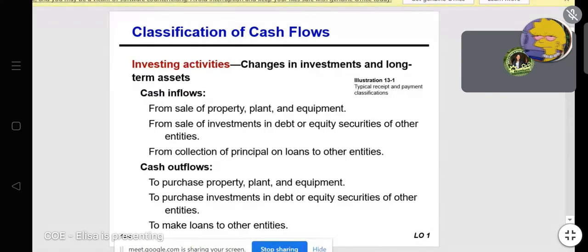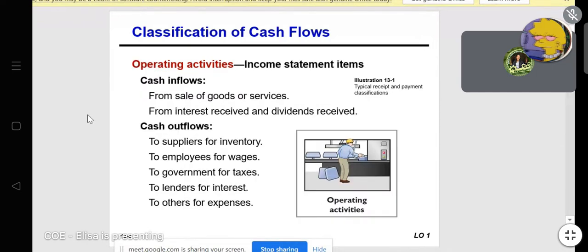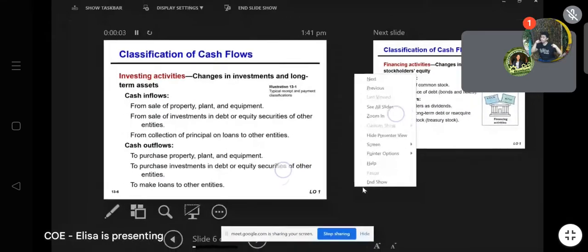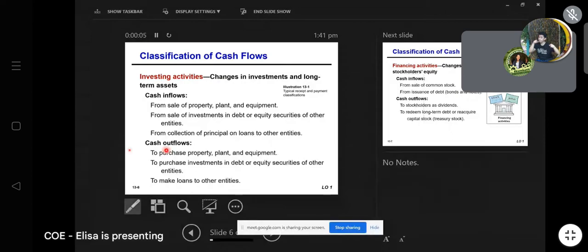Somehow naglabo-labo na siya, no? Anyway. So make loans to other entities. When you make a loan to other entities, in return you will also receive interest. The interest you receive out of that, interest received and dividends received, okay? So these are the cash outflows.